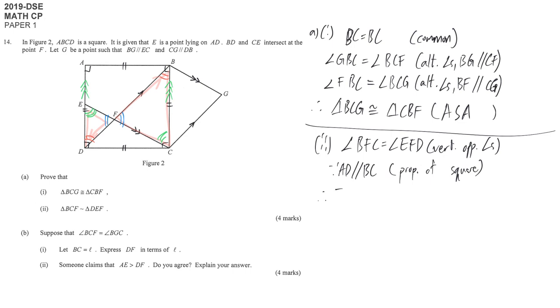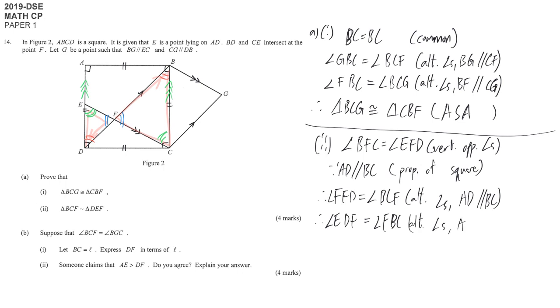The first finding is angle FED, the green angle, is equal to angle BCF. Alternate angles, AD parallel to BC. Also, the red angle, angle EDF, is equal to angle FBC. Alternate angles, AD parallel to BC.